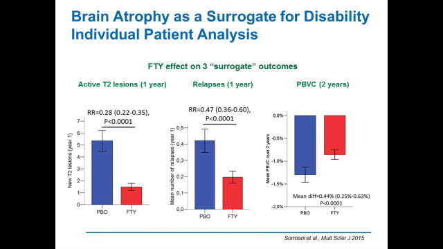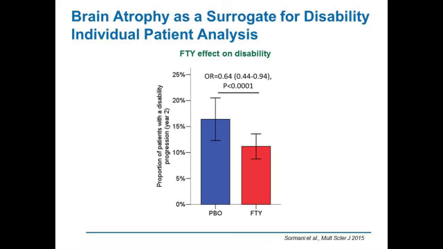In the next slide, we have the effect of the drug on disability. As you can see, patients treated with fingolimod had a reduction in the probability of having a progression over 2 years of about 36%. How much of this effect can be attributed to the reduction in MRI lesions, in relapses, and in brain atrophy?